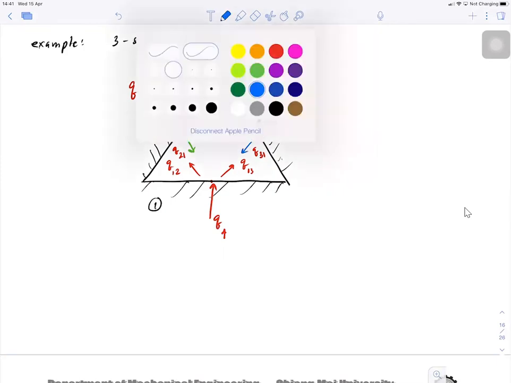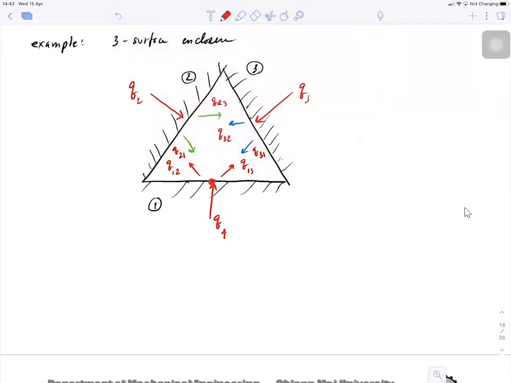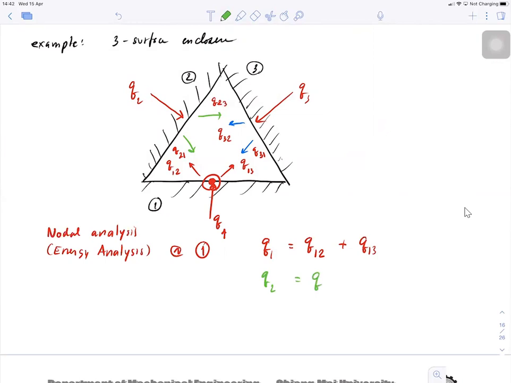Okay, so it means that when we take a look at nodal analysis, or it's actually energy analysis, at surface one, you're gonna have Q1 gonna be equal to Q12 plus Q13, and the green one, Q2 is gonna equal to Q21 plus Q23.